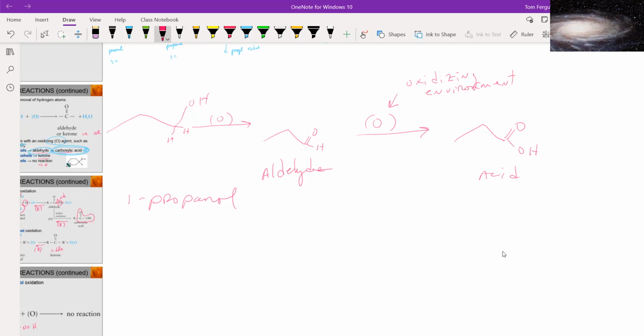So it's backbone, backbone, backbone, OH to aldehyde to acid. Now, if it's a secondary, so by the way, an aldehyde has got a carbonyl group on the end.